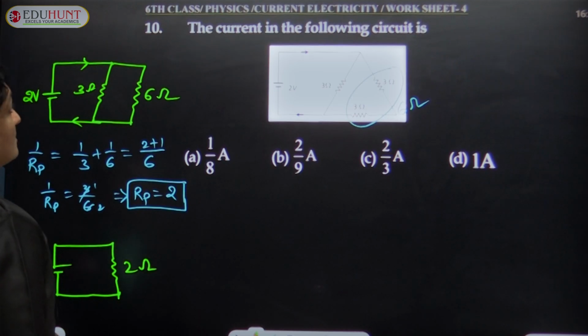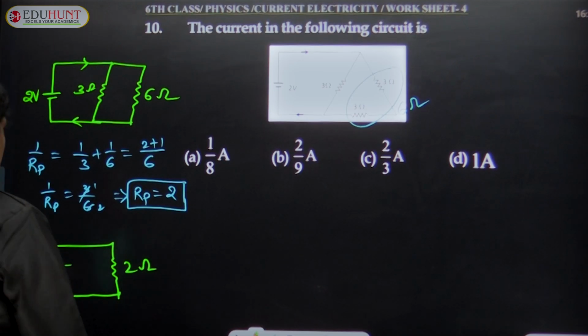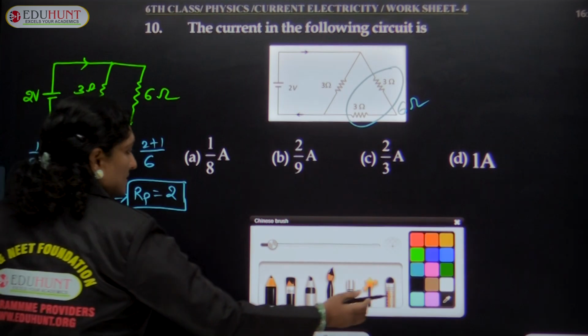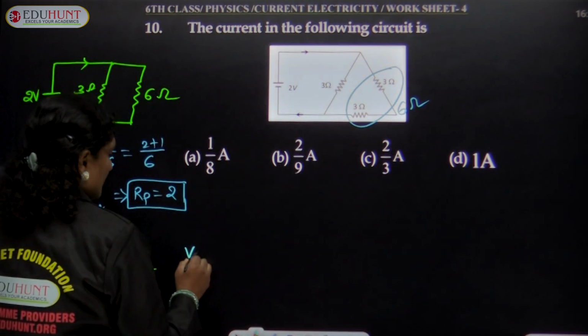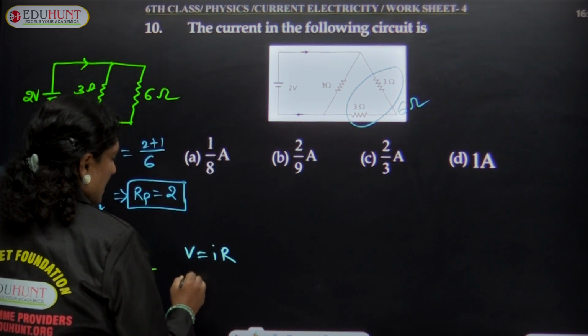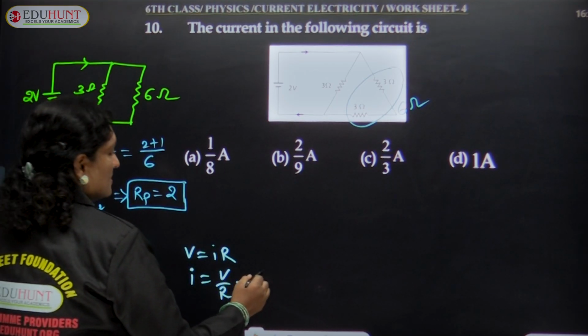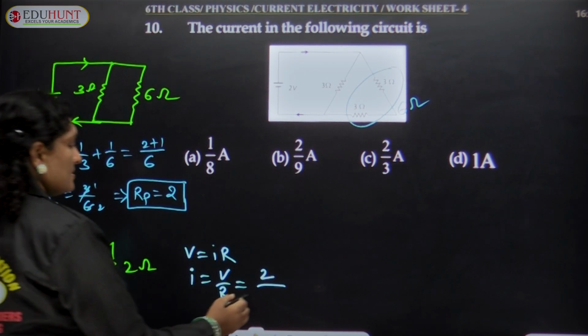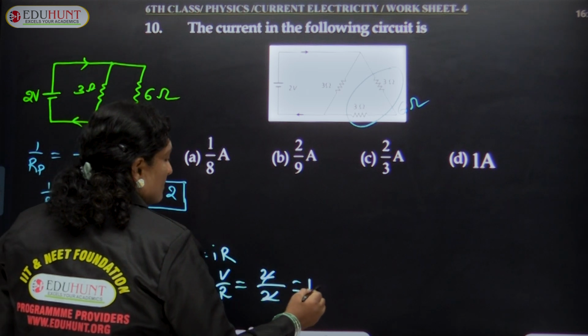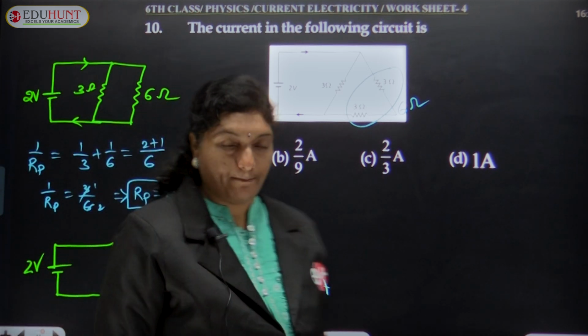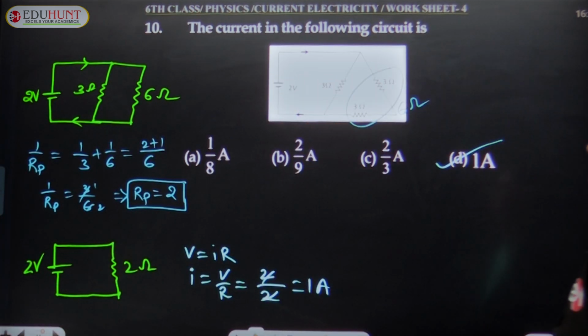You are asked to find the current in the circuit. So what is the value of the current in the circuit, children? From Ohm's law we have V equals IR, so I is V by R. Voltage across this is 2 volts and the resistance is 2. So finally you are getting it as 1 ampere, and hence the correct option is option D, that is 1 ampere.